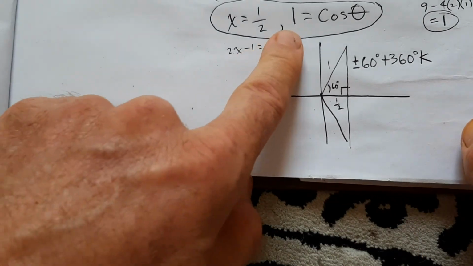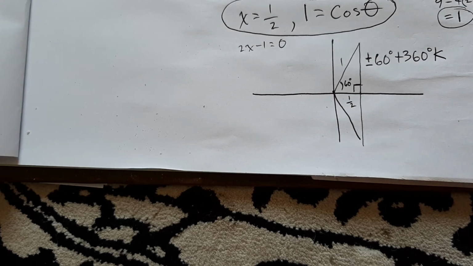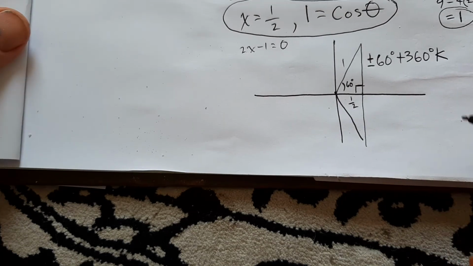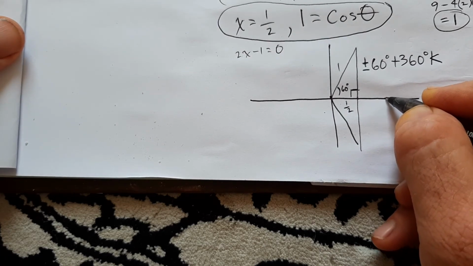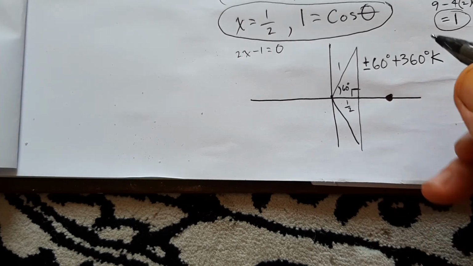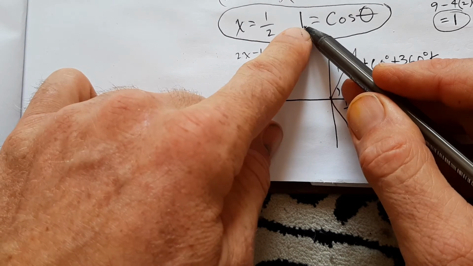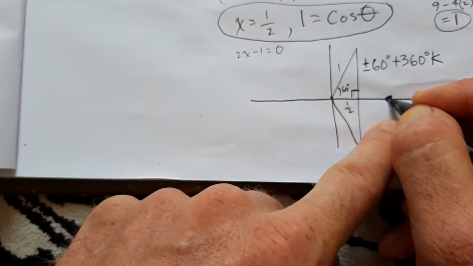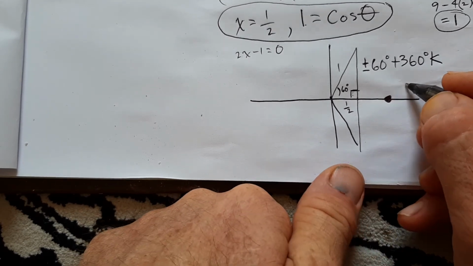And then also cosine could be 1. Now where is cosine equal to 1? It's kind of a trick question. All right. That's the biggest cosine ever gets. Cosine is always between negative 1 and 1. It's the biggest it gets. It gets it right here at 0 degrees.